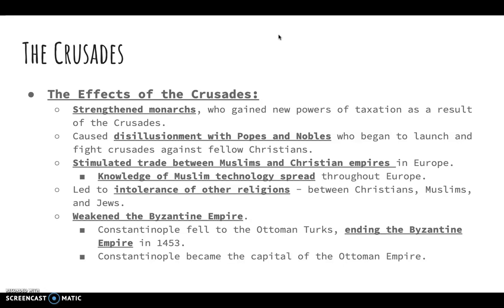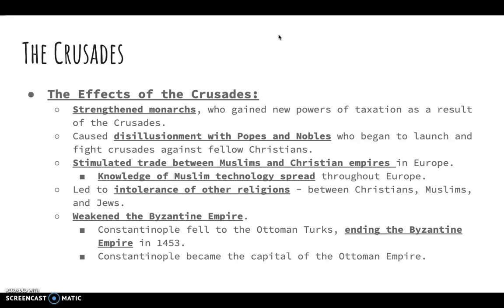It also leads to a significant intolerance of other religions, meaning that Christians, Muslims, and Jews begin to hate each other, right? Muslims obviously are going to hate Christians because they're invading their land, but the Jews are also going to start hating the Christians because the Christians had attacked a lot of the Jewish communities in the Holy Land and in Europe on their way to the Holy Land to fight.